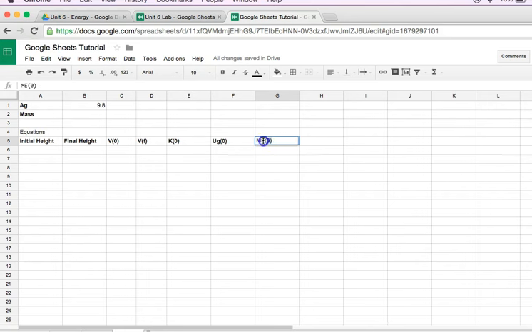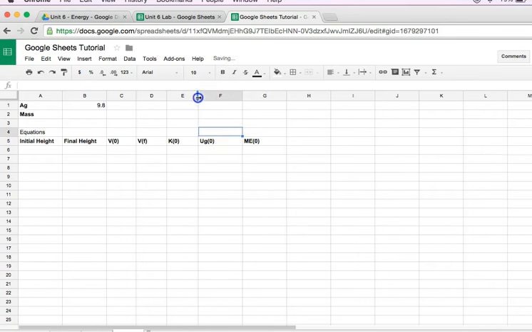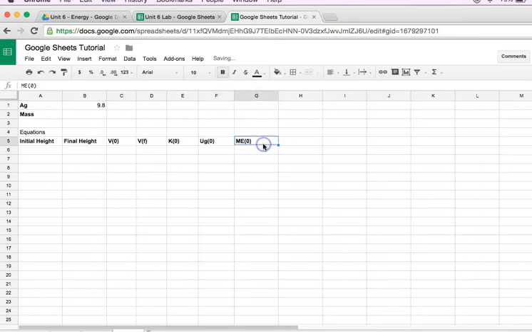Now, you might be thinking, mechanical energy, we didn't really talk about that one. Mechanical energy is really pretty simple. It's the combination of kinetic energy plus potential energy. So I'm sure you guys can figure out how to input that into Excel.